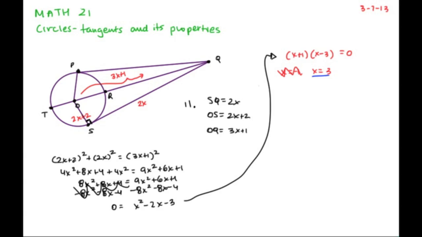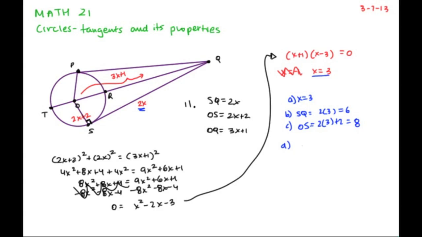So now that we have x, and that's the answer to A, x is equal to 3, we need to find the measure of SQ. SQ, we already saw, is 2x, so it's going to be 2 times 3, which is 6. Cool. OS, we need to find OS now, so that's going to be 2 times 3 plus 2, and that's 8.